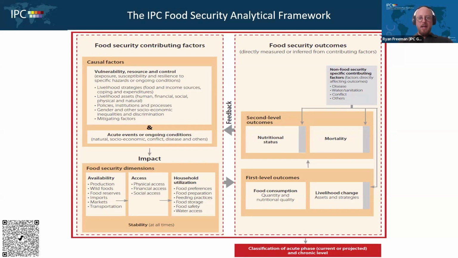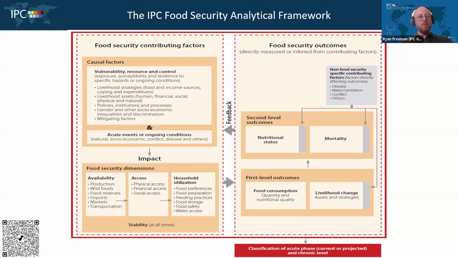So when we look at this analytical framework, you have the left side of the screen and the right side of the screen. If you follow along from the top left of the screen, you see the food security contributing factors. These are a way for us to break down a very complicated context, a complicated environment. And how do we want to look at a particular country or scenario and see how we want to start this discussion?